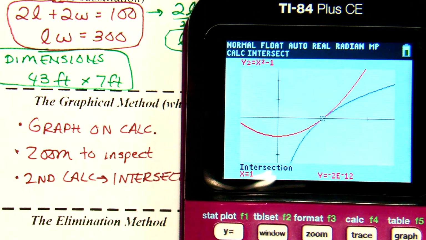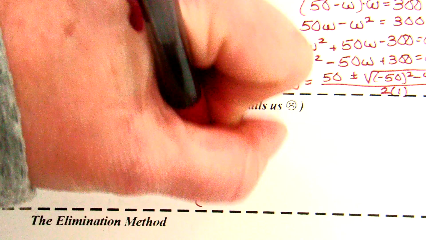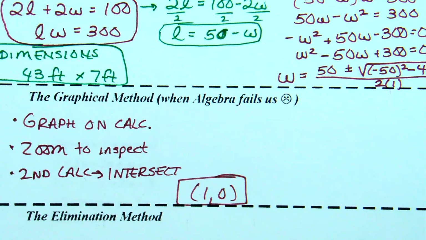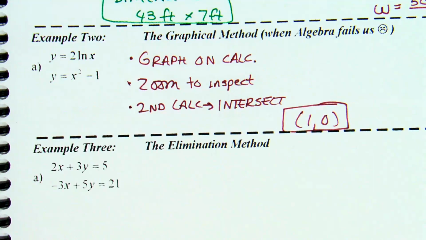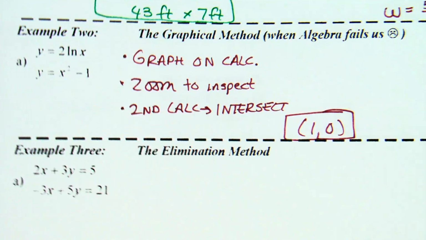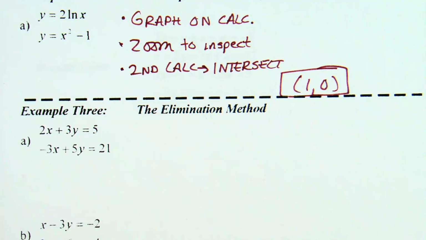We could do either or. You can either make the x's both turn into 6x's or the y's turn into 15y's. I would say there's a slight advantage to the x's because they already have opposite signs. And life is a little bit easier if you already have the opposite signs. So how do I make my 6x's happen? Multiply the top equation by 3, the bottom equation by 2.